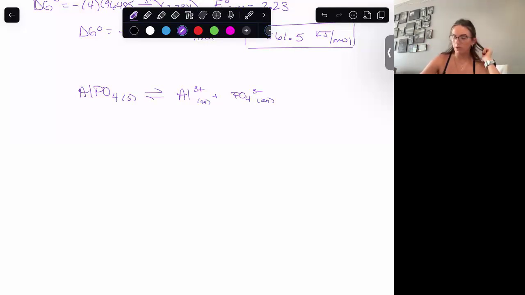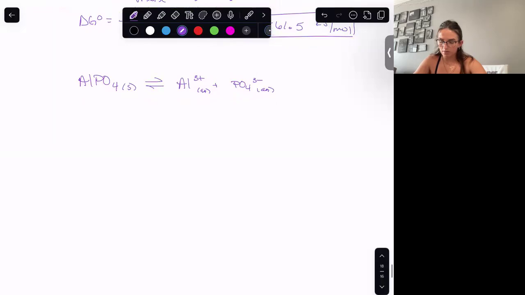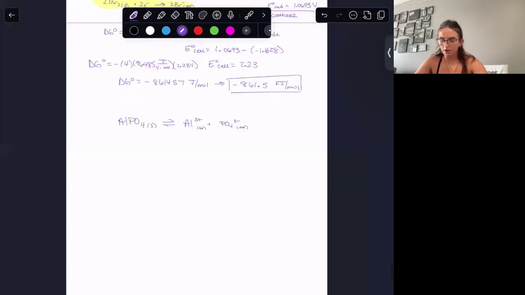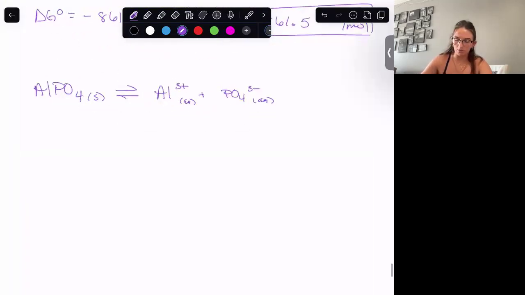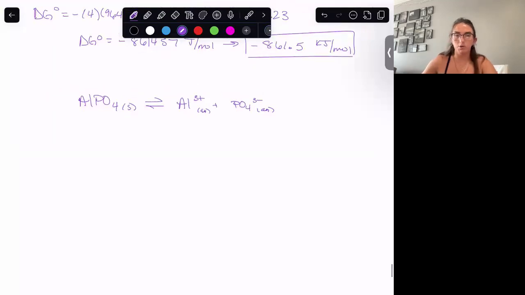In a solution, this would have a certain pH with water, whatever it is. In terms of solubility and things that you can do to increase solubility, you have to look at your ions that are in solution.